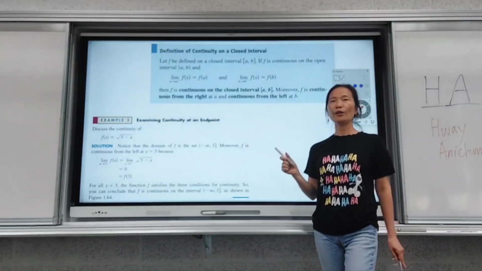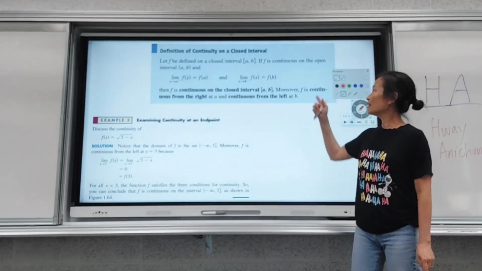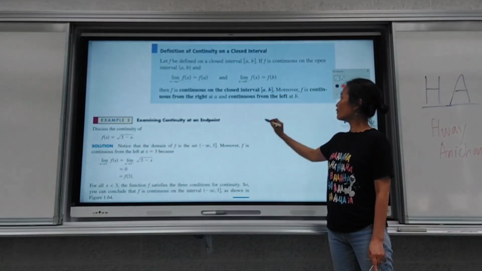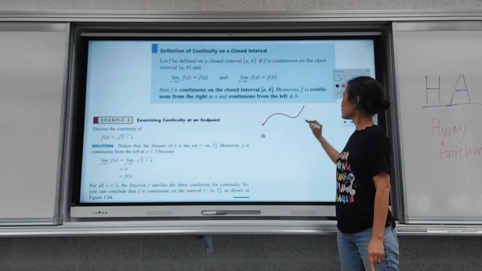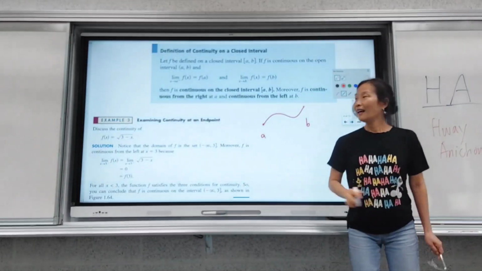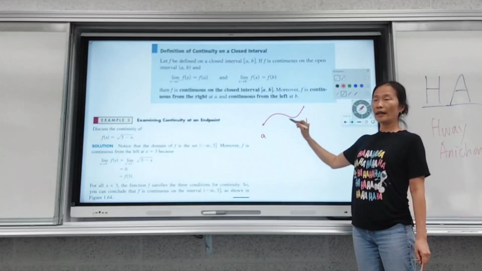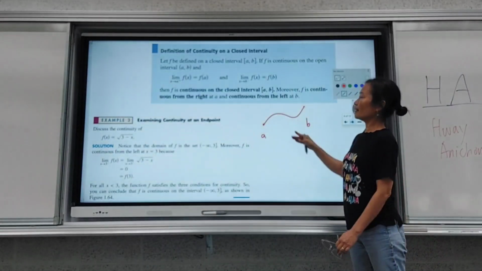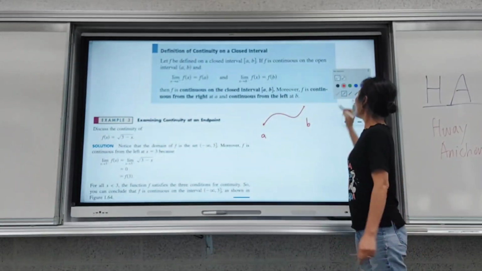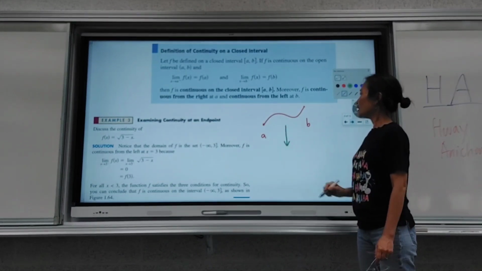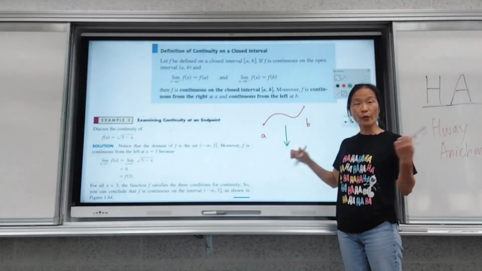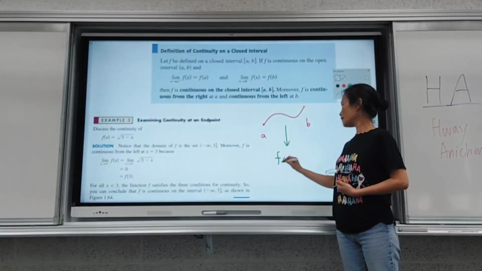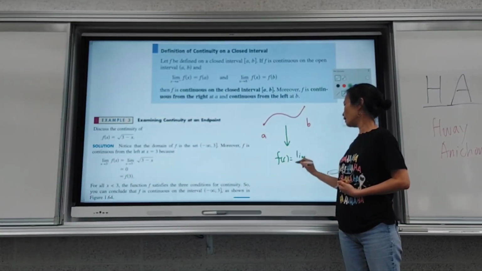If you have a closed interval where the domain is from A to B, any point within the domain, inside the domain, not including the endpoint, to be continuous at that point, we already know 3 conditions, right? F of C needs to be equal to the limit.